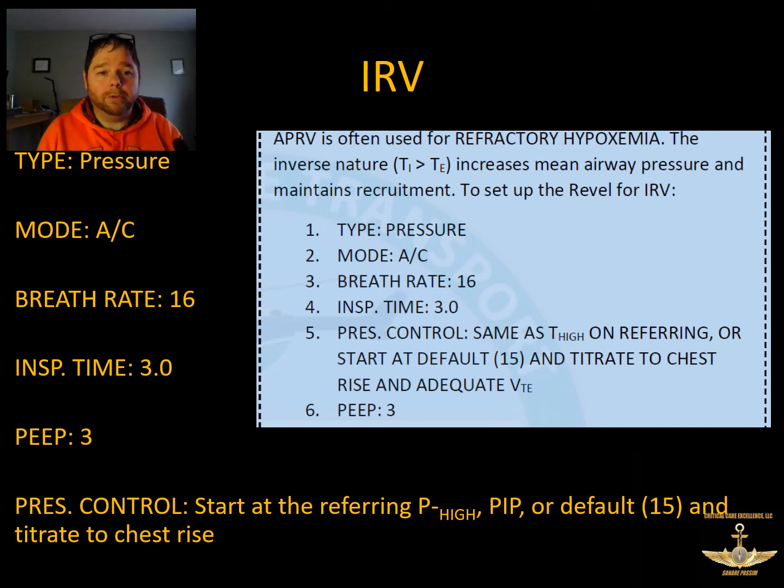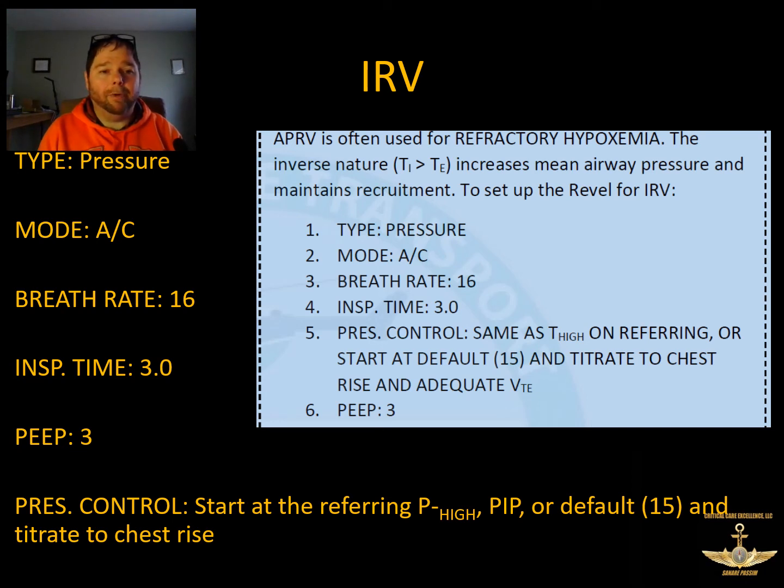So first two things, you're going to want it to be in pressure control and assist control. So if you remember from the sheet you have, from what you've learned before, pressure control, you're going to set an I time and a peak pressure, or a pressure control, and the ventilator is going to hold that amount of pressure for that amount of time. And when you make it assist control, that means if the patient were to trigger, which they're not in this case, then they would get another breath just like that.